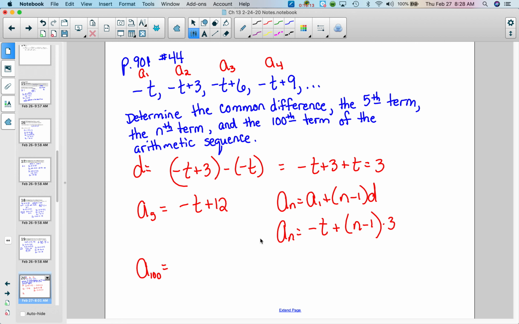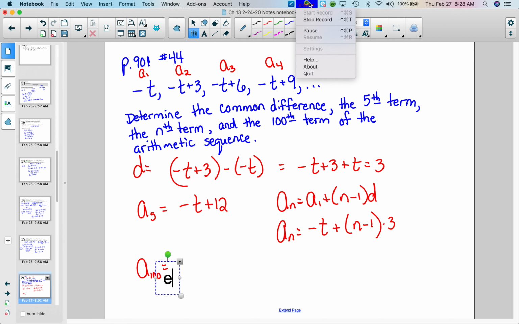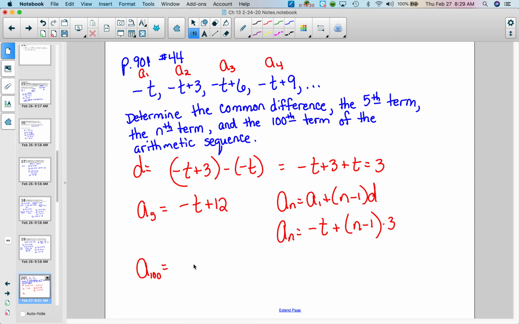To find the hundredth term, we're just going to substitute in 100. All right, so we're going to take negative t, remember we're plugging the 100 in for n, plus 100 minus 1 is 99, times 3. So then a sub 100 is negative t plus 99 times 3 is 297. And that would be your answer for the 100th term.